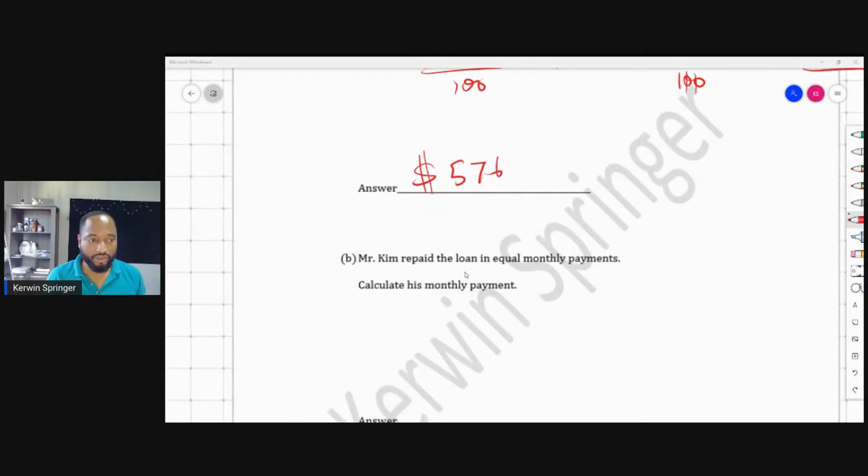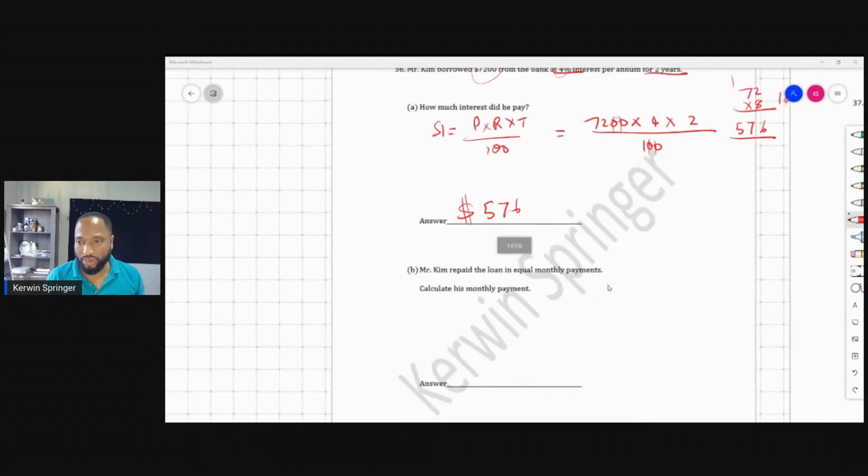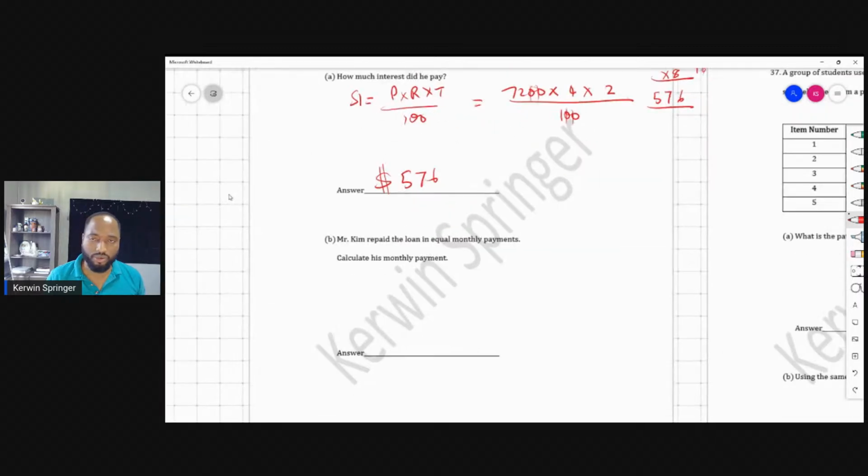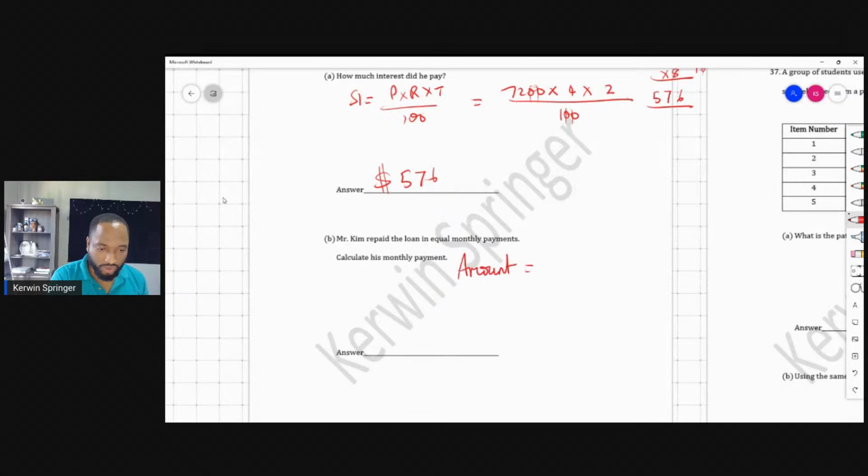Mr. Kim repaid the loan in equal monthly payments. Calculate his monthly payment. Mr. Kim borrowed 7200 from the bank at 4% interest per annum for 2 years. Well, his monthly payment will be the total. I need to get the amount, so it will be the 7200. This is just for the future people.